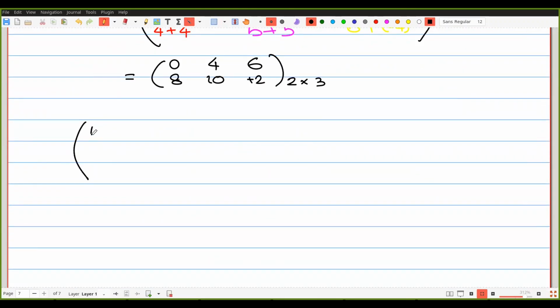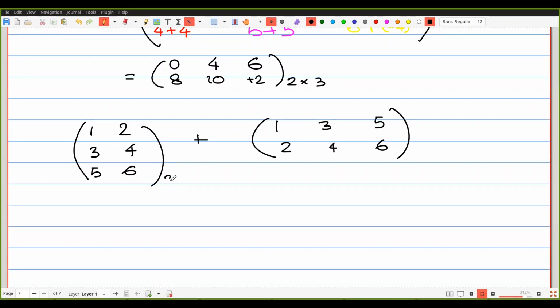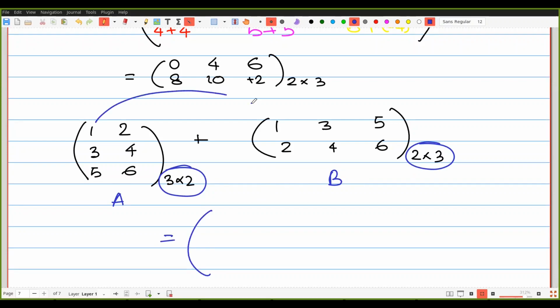Suppose we have 1, 2, 3, 4, 5, 6 plus 1, 3, 5, 2, 4, 6. So that one is of order 3 cross 2, and the other is of order 2 cross 3. That is not possible because the orders are different for A and B. Let's check: from 1 to 1, that is 1 plus 1. 2 plus 3, no problem.